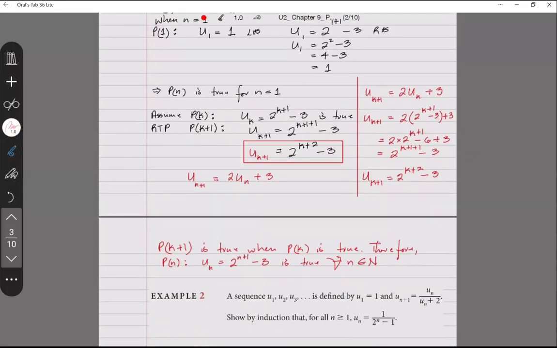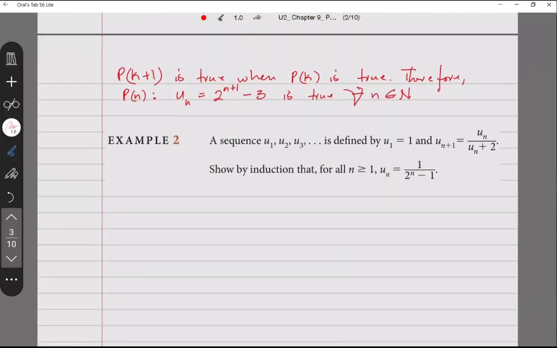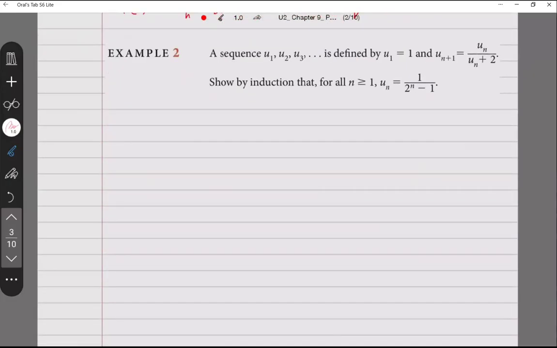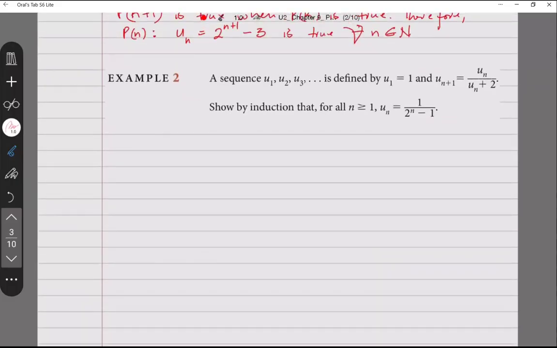So let's have a look at example 2. In example 2, we're told that a sequence U1, U2, U3 is defined by U1 is equal to 1, so that is given, and Un plus 1 is equal to Un over Un plus 2.